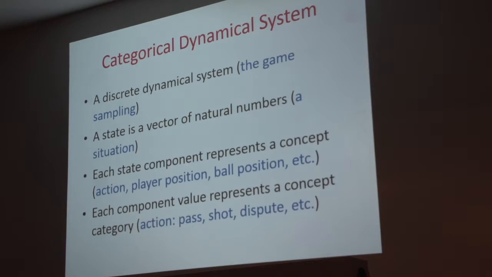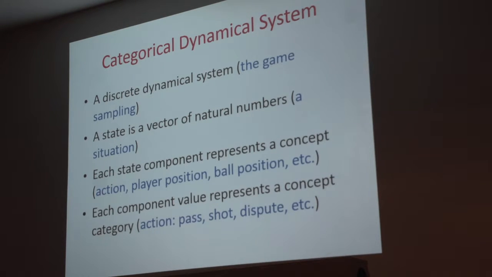This is the sequence of the model of analysis that we have done. We now have a discrete dynamical system that is sampled in fixed time intervals. That will be the game sampling. We will define a state vector, a set of natural numbers that will describe a state, a situation of the game.